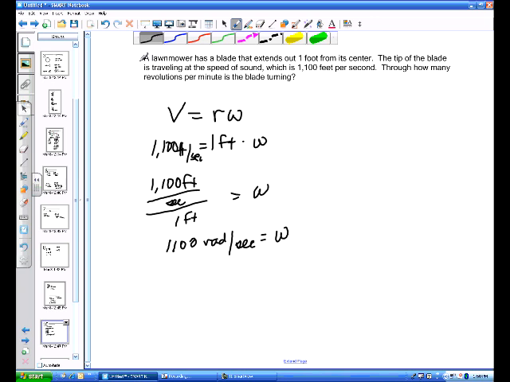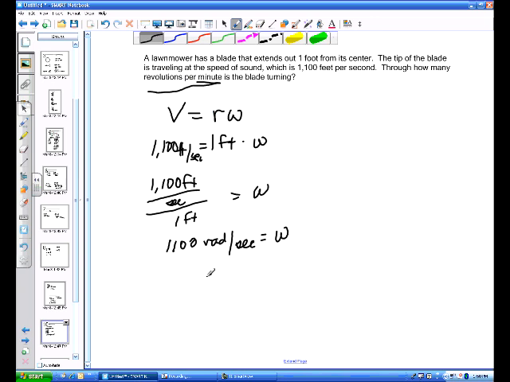Now, what we wanted though was how many RPMs, how many revolutions per minute. Oh, we didn't do one thing here, did we? I forgot. Okay. Well, we'll take care of that as we go through here. That's radians per second. We're going to want revolutions per minute.